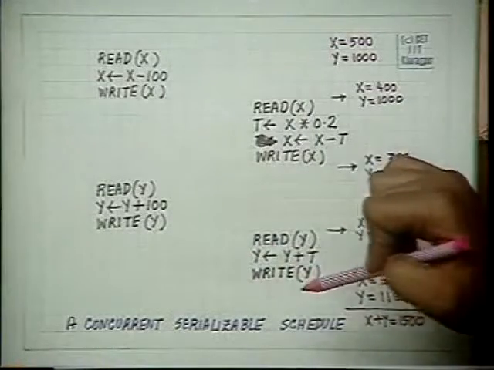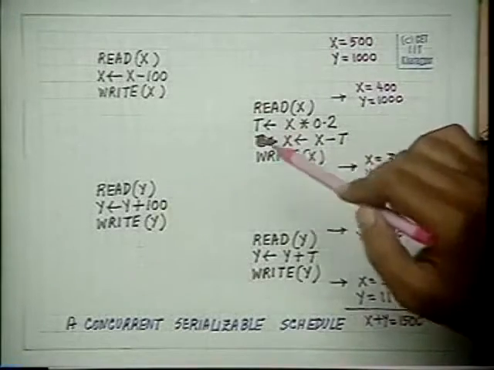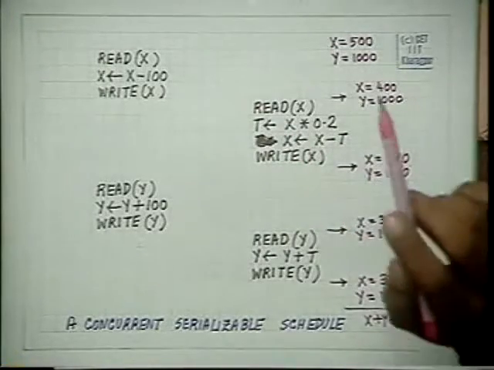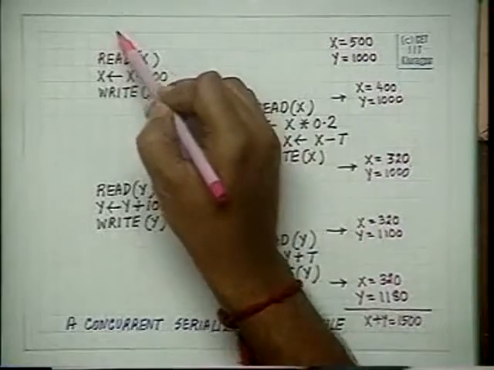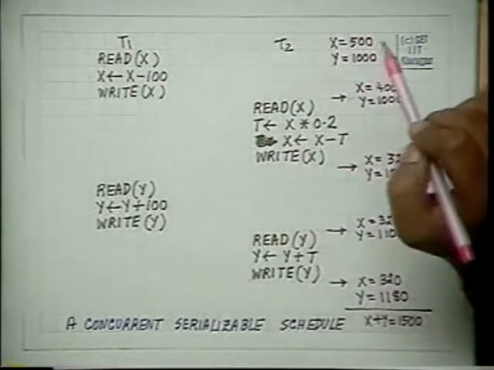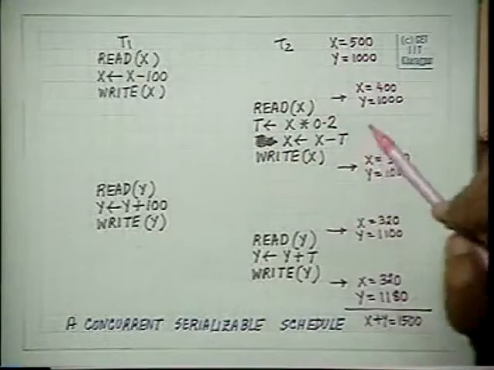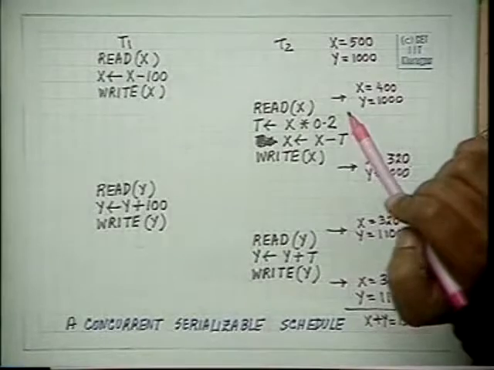In this example, the consistency criteria is not only maintained, the result which we get is equivalent to a particular schedule. If this is T1 and this is T2, then the result of executing this is equivalent to executing T1 followed by T2.